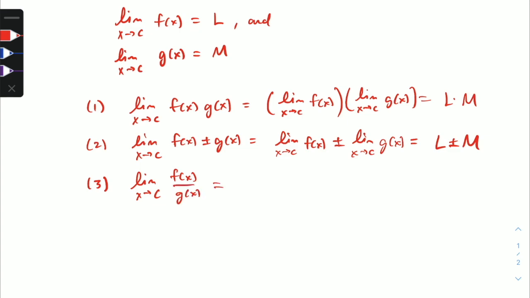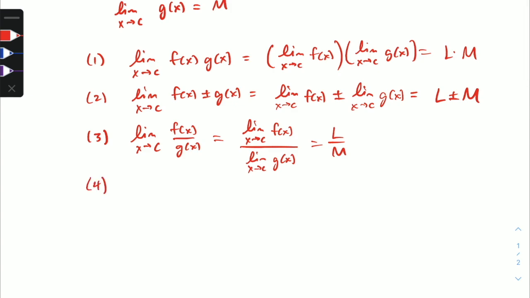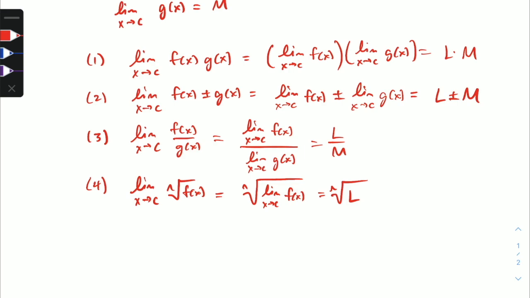So this is going to be the quotient of the limits, like so, which is just L over M. Fourth property, the limit of the nth root of f of x is going to be the nth root of the limit of f of x, which is the nth root of L. And then we have 2 more properties which are really almost trivial.